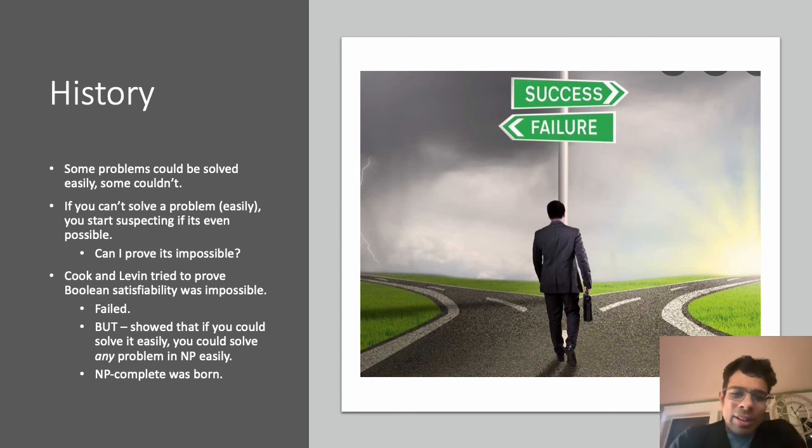And then this class NP-complete was born, where you had at first just one problem that everything in NP could be reduced to, and then you started getting more and more problems like that. This was a major development, showing that solving this one problem would make the whole set NP collapse.